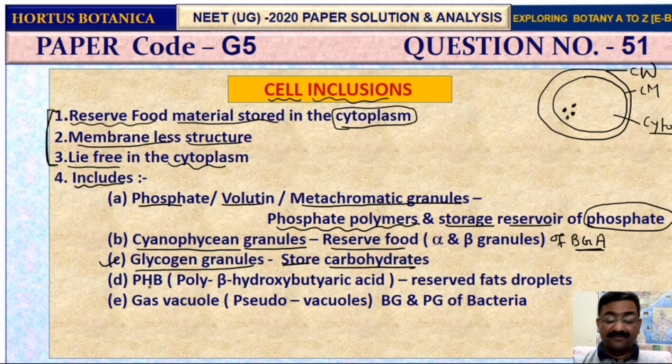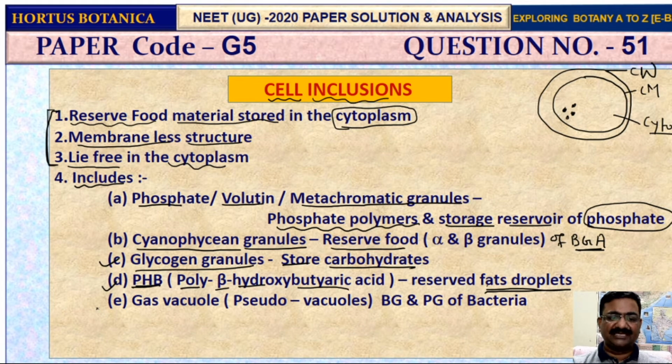Fourth one is the PHB, poly beta hydroxy butyrate, and this is the reserve fat droplet. So mind well always: carbohydrate storage is glycogen, phosphate storage is phosphate, volutin or metachromatic granule, and for fat droplets, PHB, polyhydroxybutyrate.